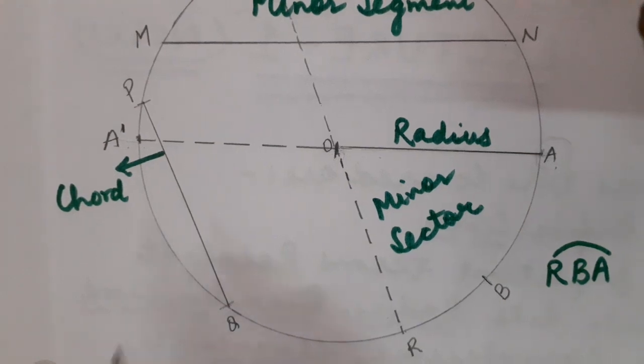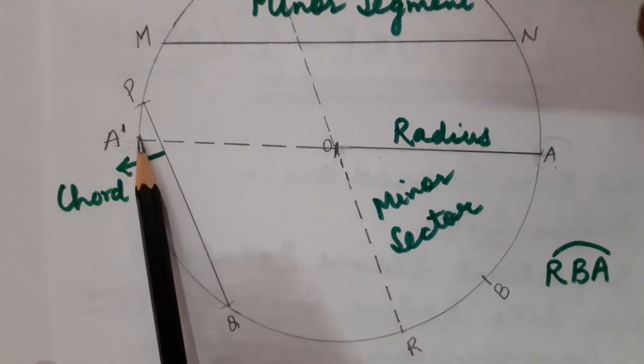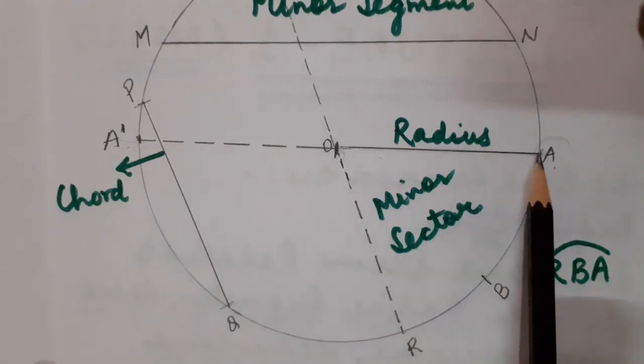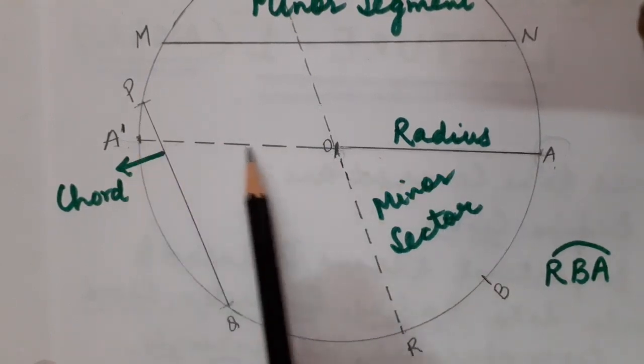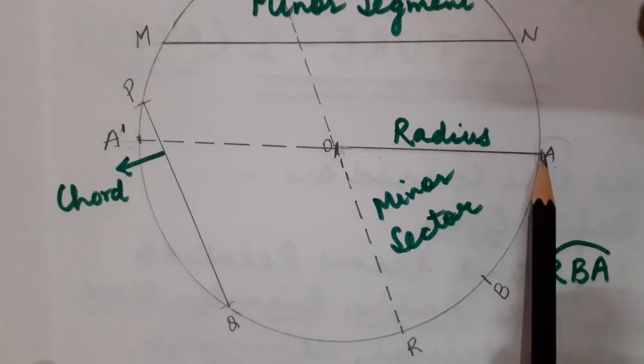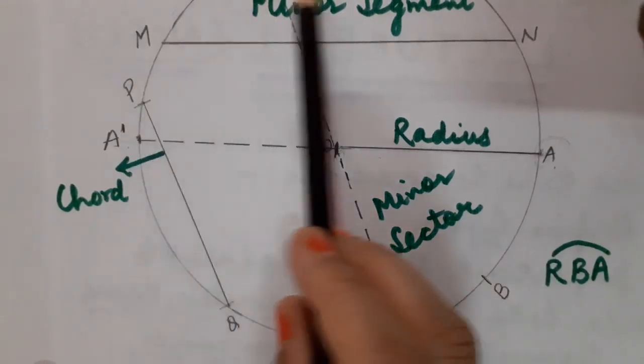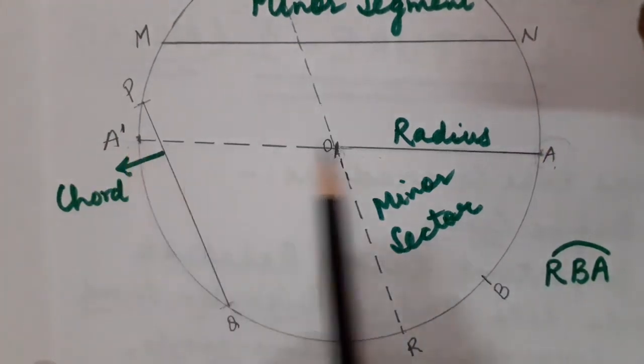So definitely there is a relation between diameter and a chord. We can say that diameter is the longest chord of the circle. Why is it the longest chord? Because it passes through the center point. And as for a chord, both the end points lie on the circumference of the circle.